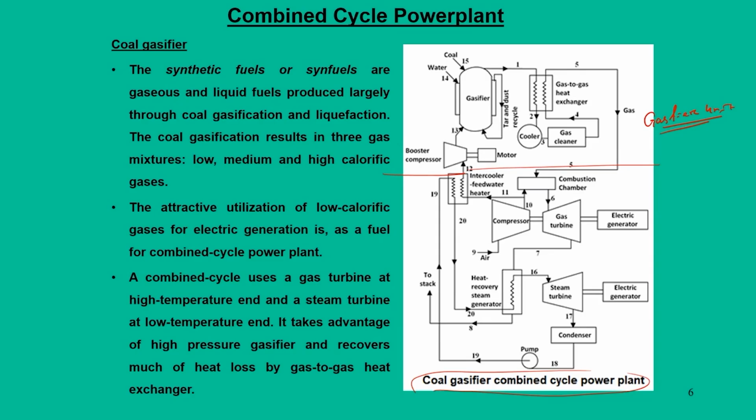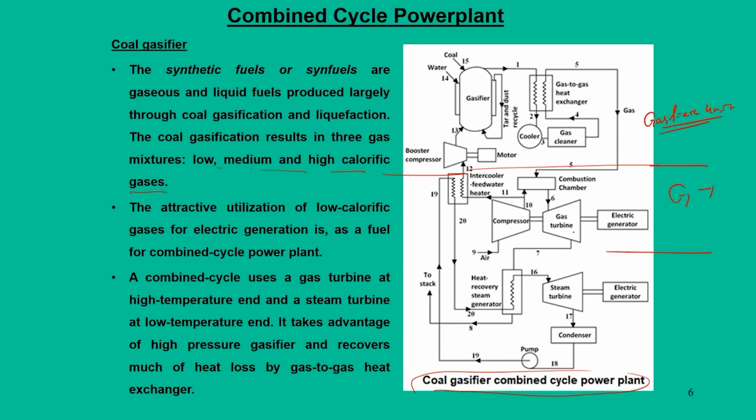These coals can be of low, medium or high calorific value fuels. So the coal can be low grade or high grade. Essentially, whatever the nature of the coal, we get a gas derived from any source of fuel, and that is the gasifier unit. The second part is the gas turbine unit.